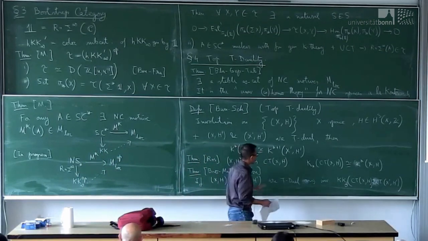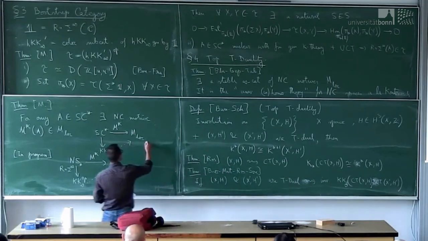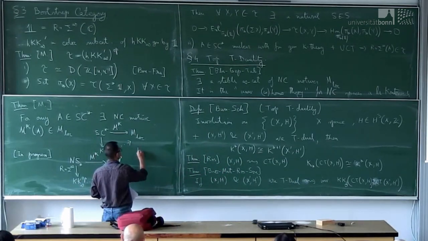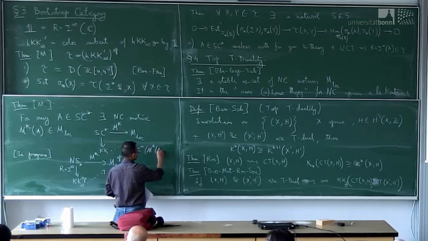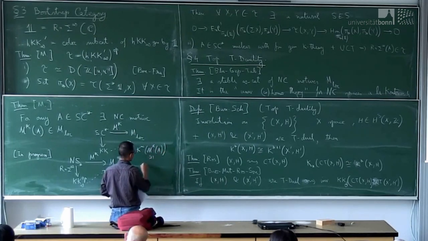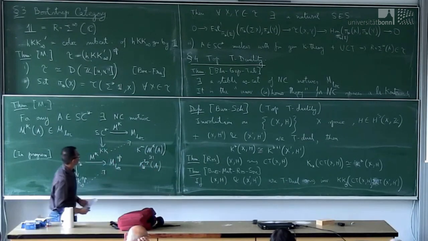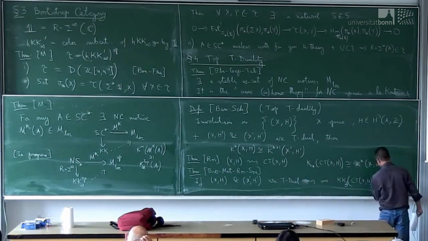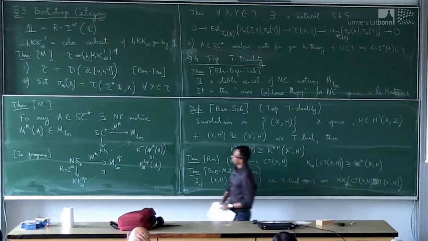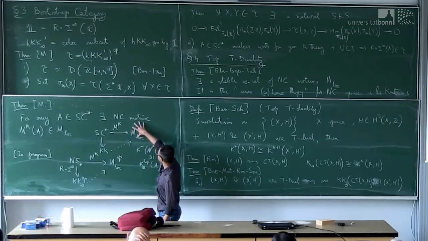Oh, and I forgot to mention here that this construction has the property that to any non-commutative motive you can associate its K-theory, and the K-theory of the non-commutative motive of A is isomorphic to the topological K-theory of A. So if you have an invertible element in here between these two things, by this kind of diagram, they become isomorphic here.